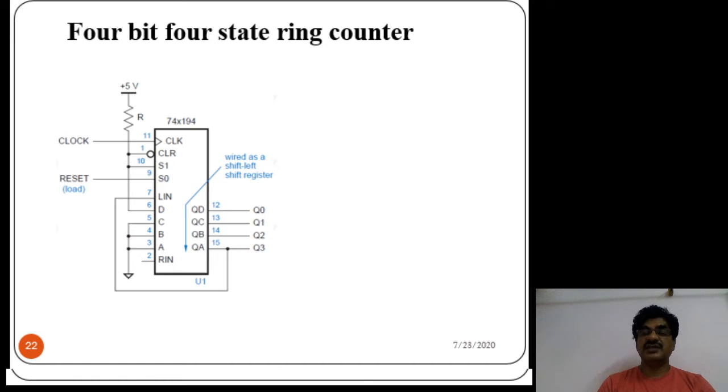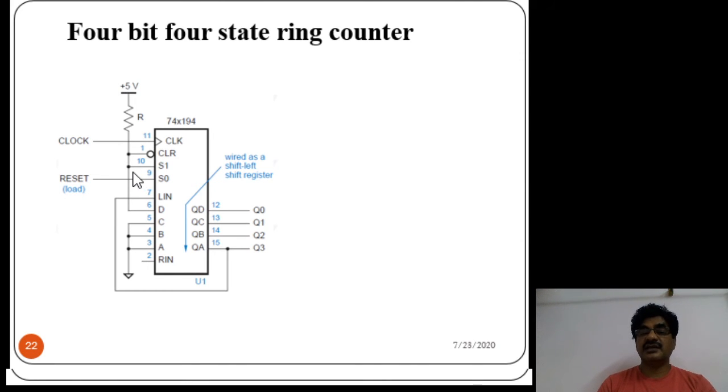All these functions are based on the values of S1 and S0, which decide which function the IC 74194 performs. The purpose of the clear input is that if it is 0, it resets the register. For shifting operations, the clear signal must be at logic 1.